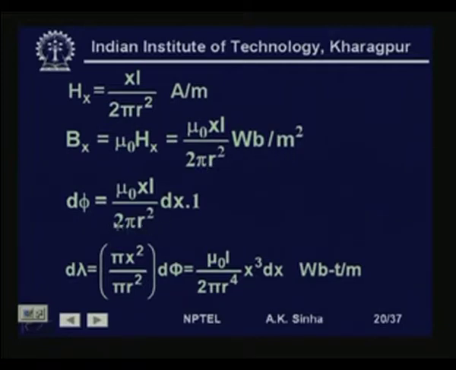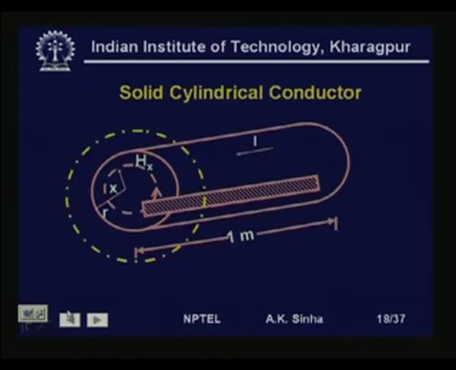Now, if we look at this strip, which is 1 meter long and of thickness dx at this point x from the center, how much flux will be passing through this strip?